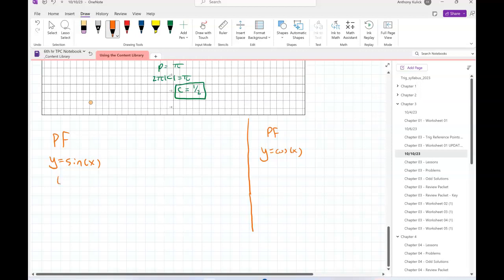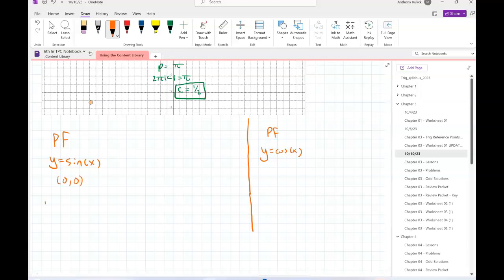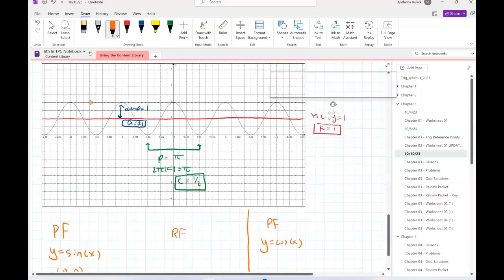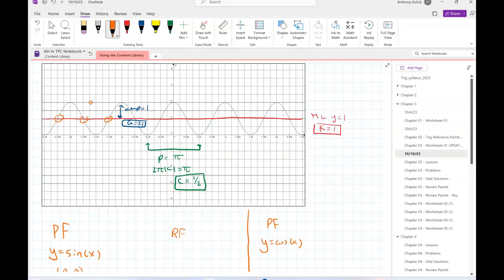Okay, for sine, we know that we're always going to be using 0, 0, which is a midline point that is preceded by a minimum and followed by a maximum. If we go to our graph, if we look at our resultant function, we have lots and lots of midline points to pick.